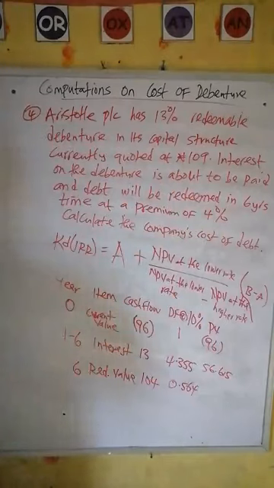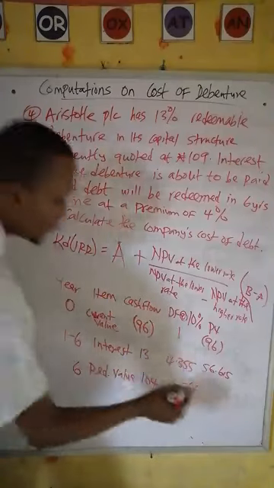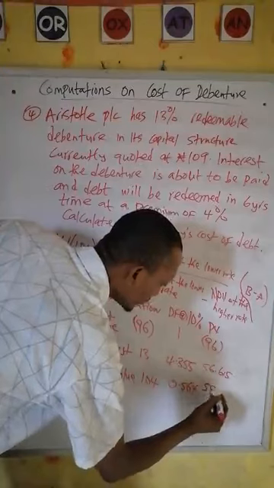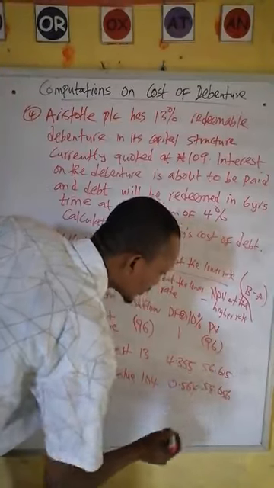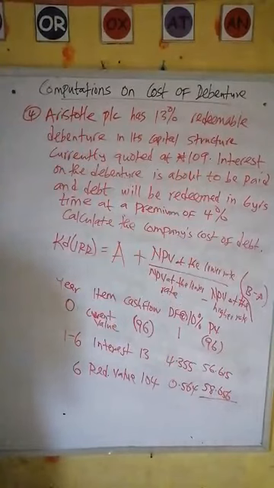Press your calculator: 104 multiplied by 0.564. What do you have? 58.656. So you sum it up.